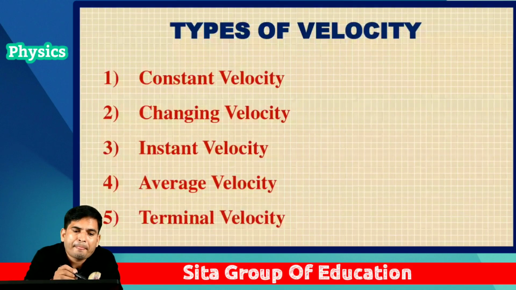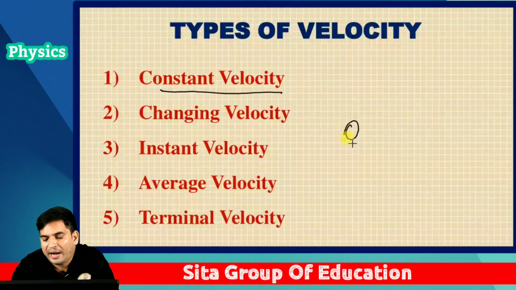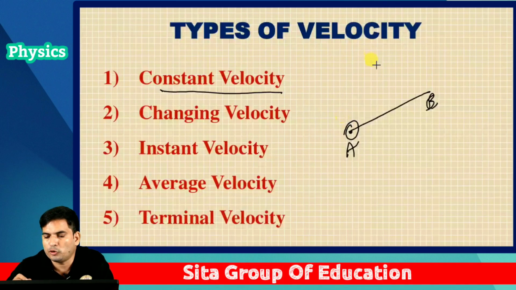Constant velocity means, at a particular reference point, if this object moves from A to B, you can say that this type of velocity is constant velocity. Suppose its velocity is 2 meter per second.